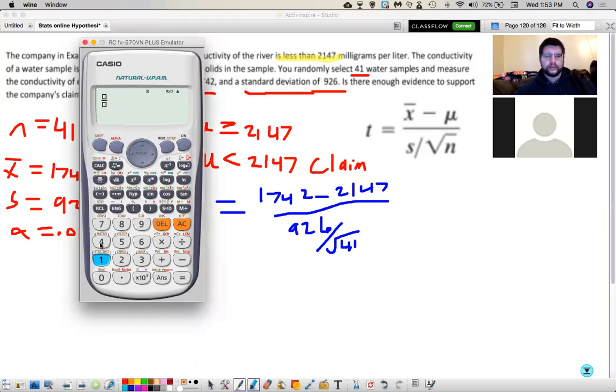We got a fraction, that's a fraction at the bottom. And we get negative 2.8005.